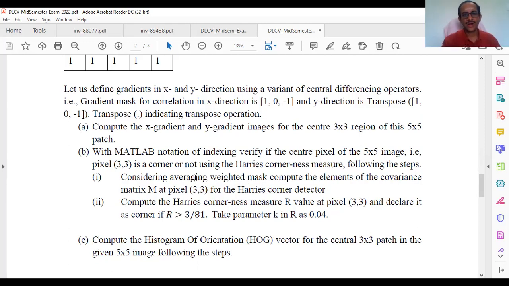The only thing is, you should not apply it before calculating Ix square, Iy square, IxIy. You should calculate the Ix square, Iy square, IxIy matrices of 3 cross 3, and then you can consider the weighted average. The values will be slightly different, but I didn't give much weightage to the values or the calculation mistakes.